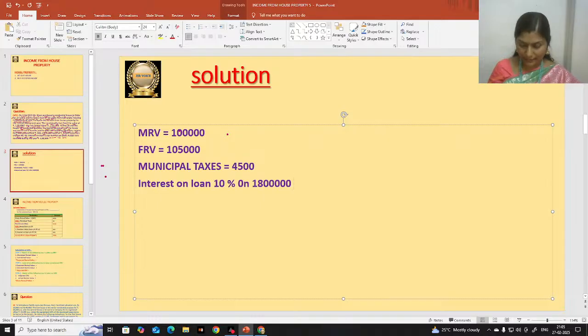Let me calculate that. 18 lakhs into 10 by 100. Then how much will we get? We will get 1,80,000. So 1,80,000 is the interest on loan amount.